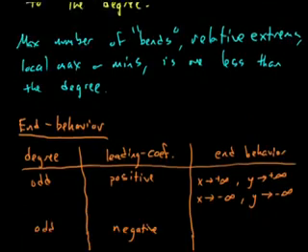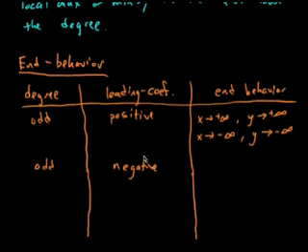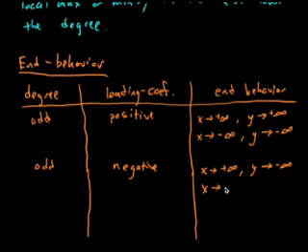Okay? So odd negative, this time when x goes to positive infinity, y would go to negative infinity. So it just flips it. And when x goes to negative infinity, y would go to positive infinity. All right? So they end up flipping the direction.